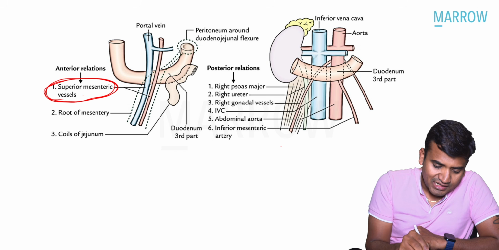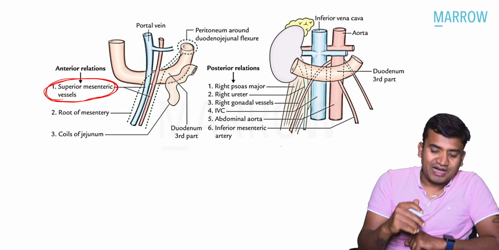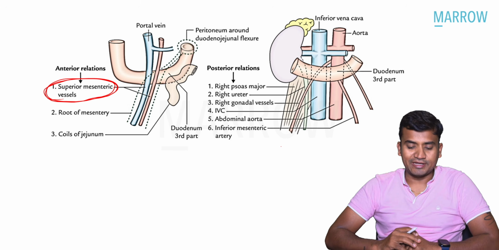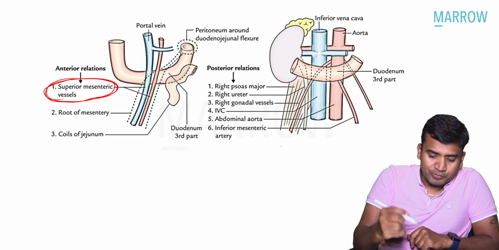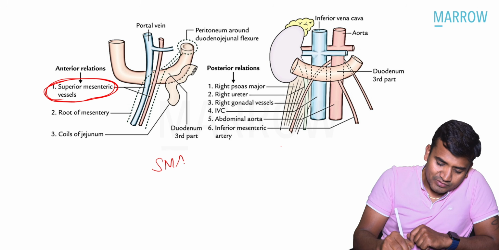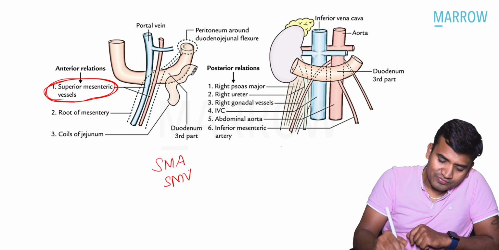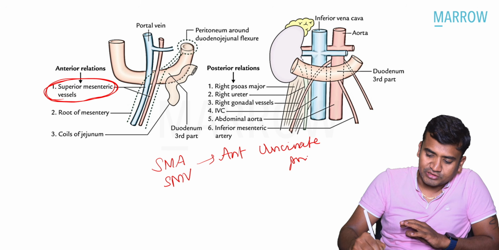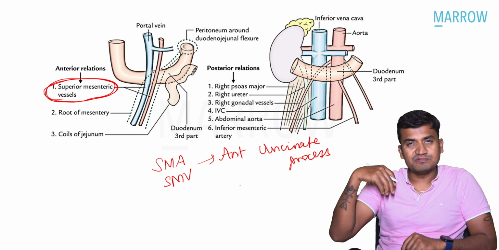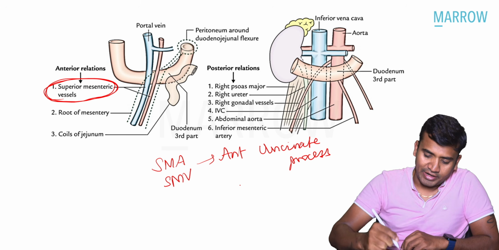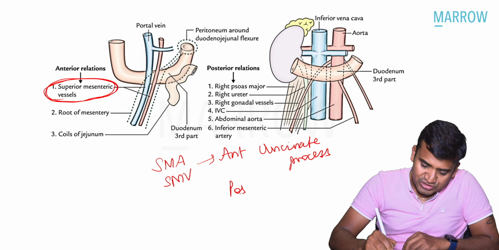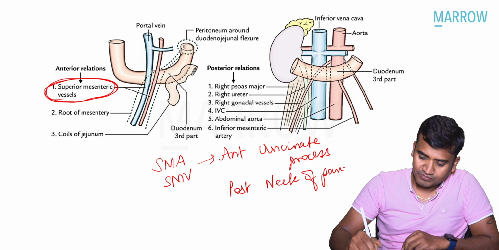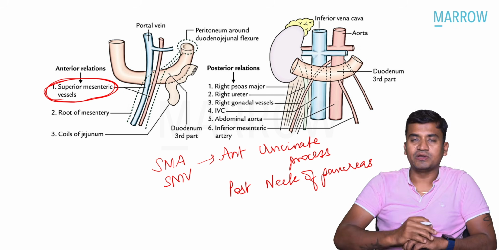The same superior mesenteric artery and vein pass anterior to the uncinate process, and they go posterior to the neck of the pancreas. So all these were questions only.